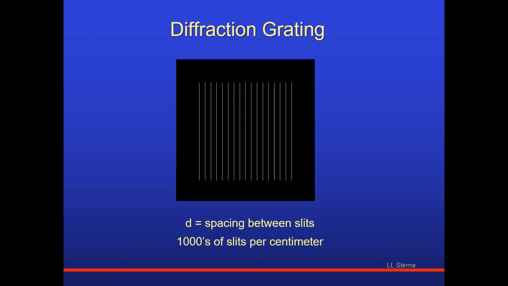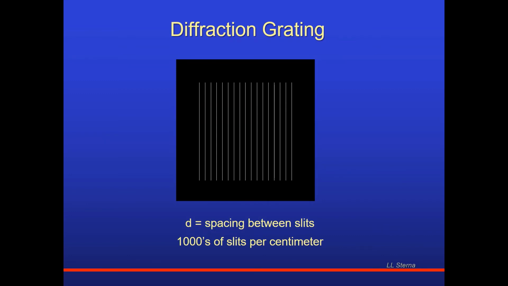Now I've illustrated it here just so you can see it. In reality, if you looked at a diffraction grating with thousands of slits per centimeter, typically it just looks clear because the slits are so close. D is the spacing between the slits. It's going to be a very small number, as you'll see. So by having thousands of slits, much more light goes through the grating.